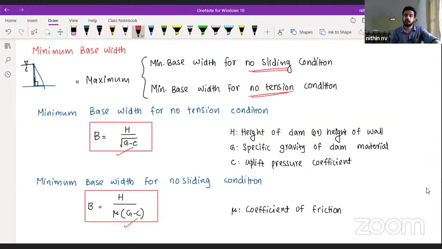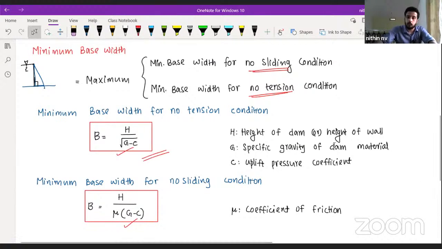Recently, when they asked the question, directly they asked for no sliding condition, what is the value? Then we'll stop the calculation here. But if they are not asking any condition, then both condition we have to calculate and take the maximum value. If they are asking you only particularly one condition, then don't calculate both and take the maximum. Take the value corresponding to that particular condition only.